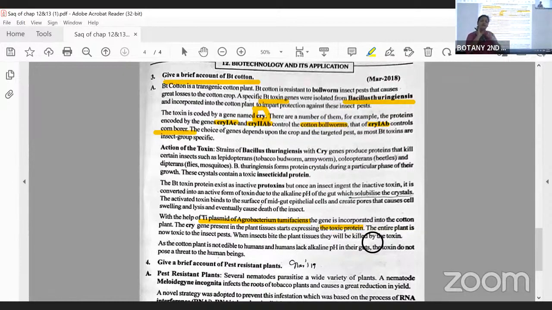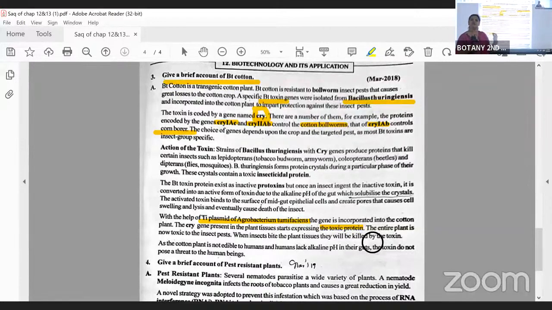By the alkalinity of the gut, all this liquid toxic material will start solidifying, making crystals on the inner layer of the gut, so that the entire neck will be swollen and the insect cannot take in oxygen. That means breathing cannot be done properly, which leads to the death of the organism.